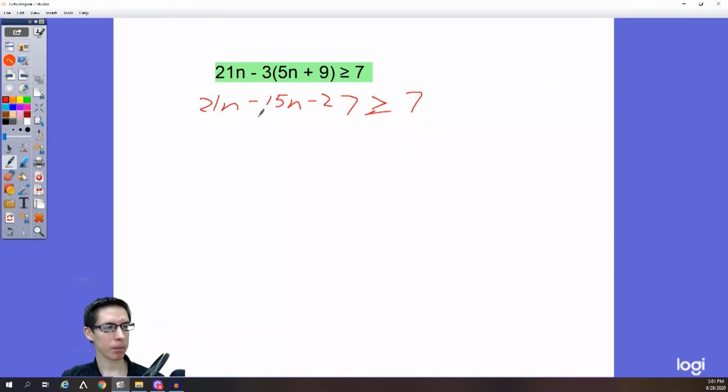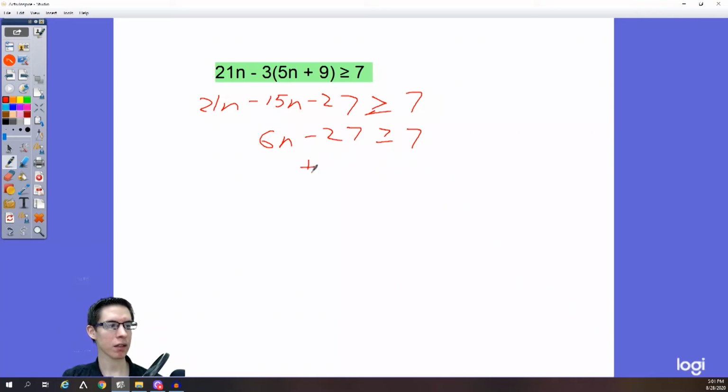Now, let's combine some like terms. 21n minus 15n. That's going to give me a 6n minus 27 greater than or equal to 7. Okay. And then we've got this situation here.